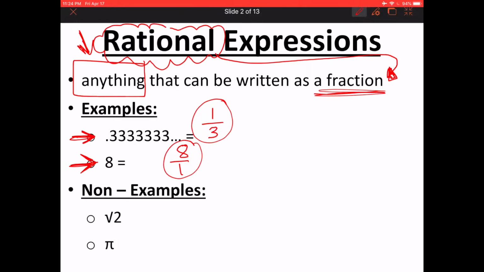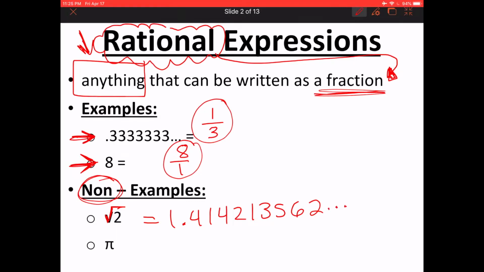Notice we also have some non-examples. The square root of 2 is not rational because if I do the square root of 2, I end up with 1.414213562, and it keeps going without a pattern.